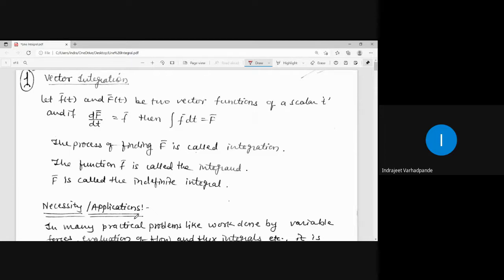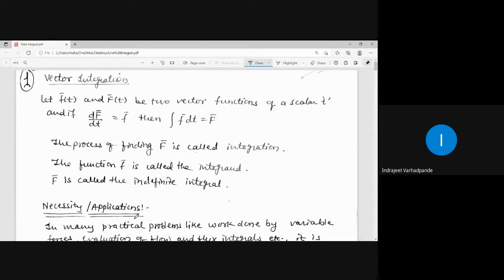Whenever it is operated on a vector quantity in the form of a dot product or a cross product, we get divergence and curl. Now, the reverse process of differentiation is integration, or we call it the antiderivative, right? Whatever function is differentiated, the resultant is called the answer.